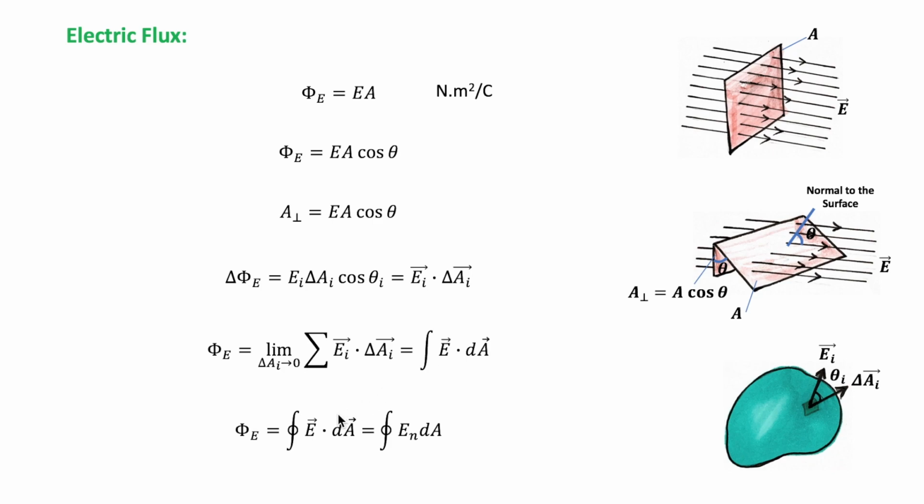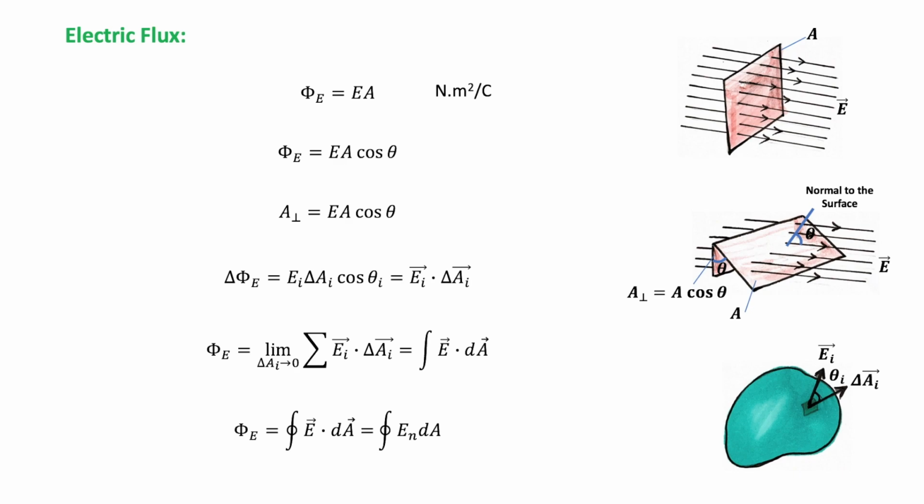For a closed surface, we write the closed integration of E dot dA, and this is equal to E_n dA, and E_n is the component of E normal to the surface. Okay. The net flux through a surface is proportional to the net number of lines penetrating the surface, okay?